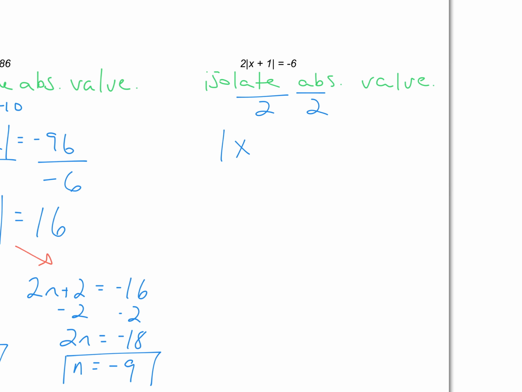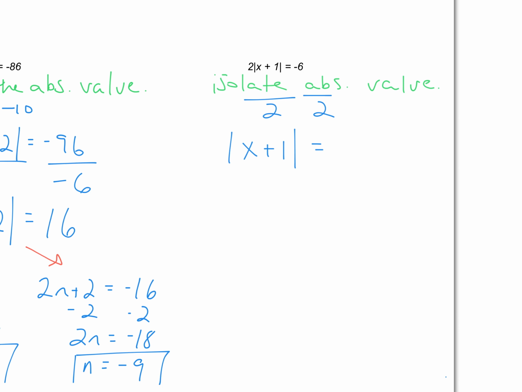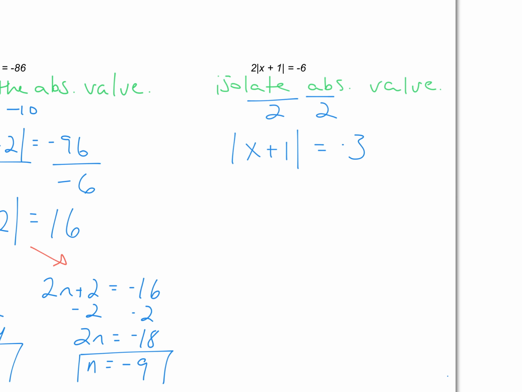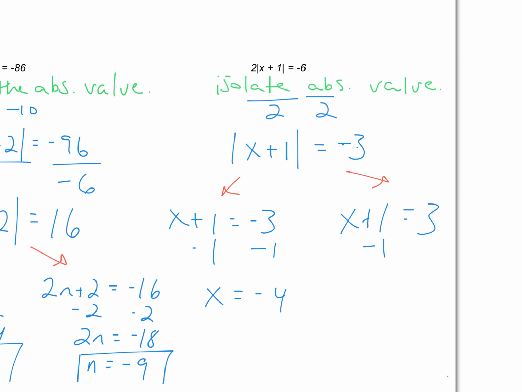I get the absolute value of x plus 1 equals negative 3. Now that it's by itself, set up the two equations. Here's one. X plus 1 equals negative 3. And then I'm going to switch this sign and say x plus 1 equals positive 3. Go ahead and solve by subtracting 1. You get negative 4. And then you get 2.